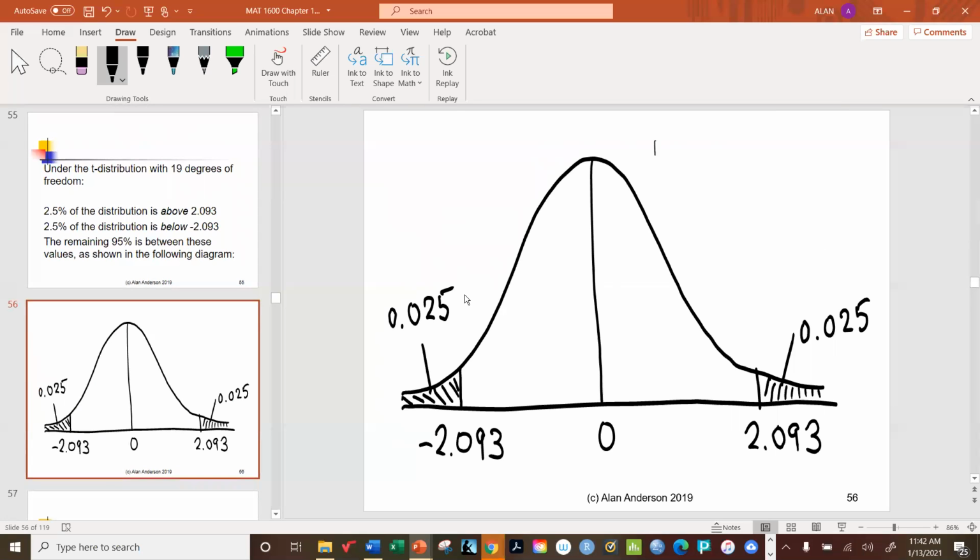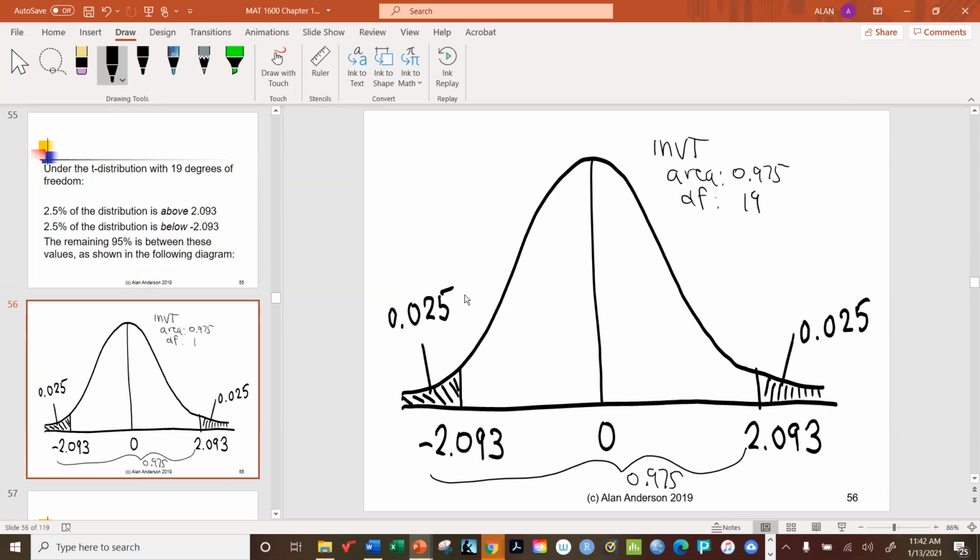You can certainly find this with your INVT function. So here, what we can do is, remember, this gives me a total area below it of 0.975. And degrees of freedom is 19. It should give you a roughly 2.093.